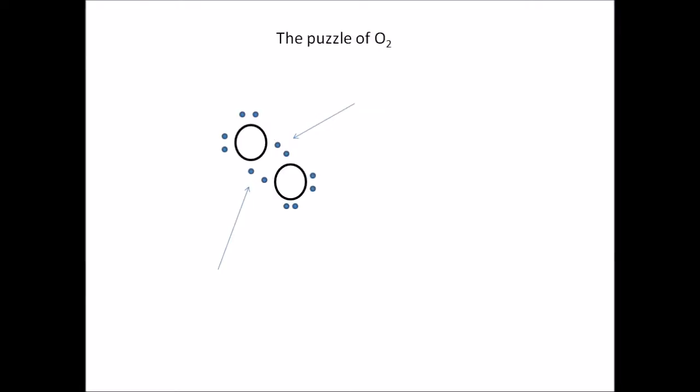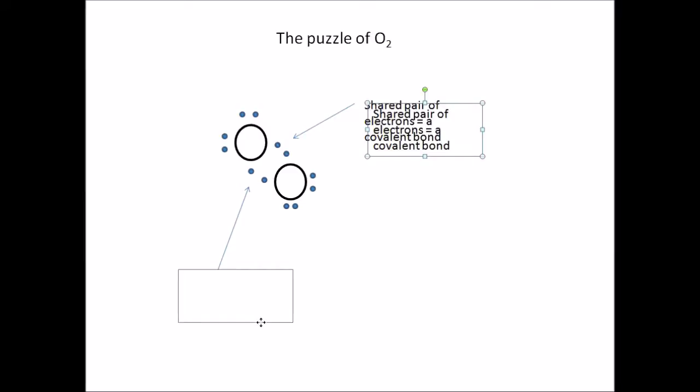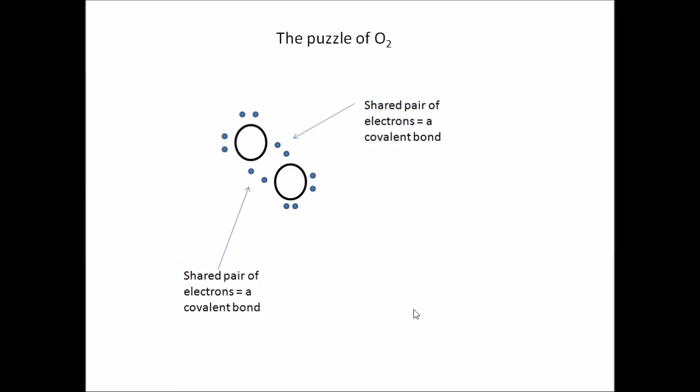Each shared pair is a bond. So, shared pair of electrons, a covalent bond, and we have 2 of those.